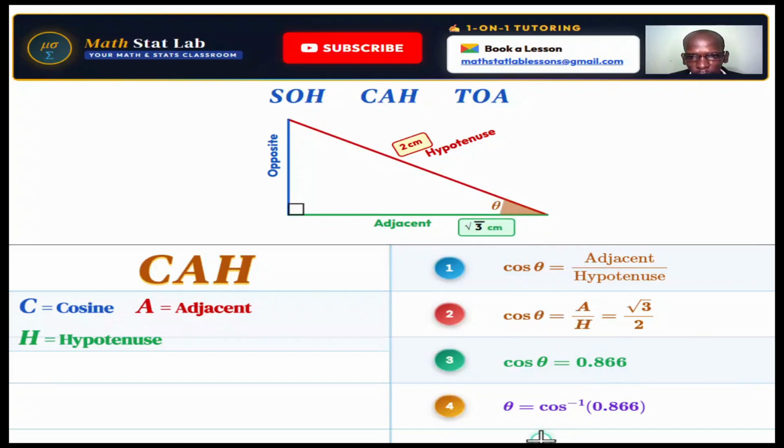We are not interested in the cosine of that angle. So to get the angle itself, we just need to find the cos inverse of the cosine we got.